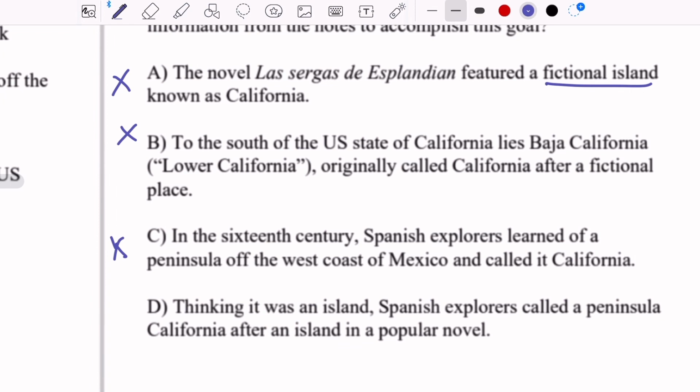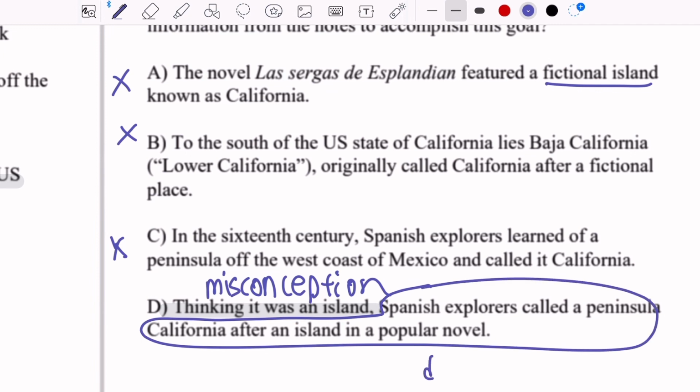Option D. Thinking it was an island. Okay, this is the misconception that we had. Spanish explorers called the peninsula California after an island in the popular novel, and it also adds some description.